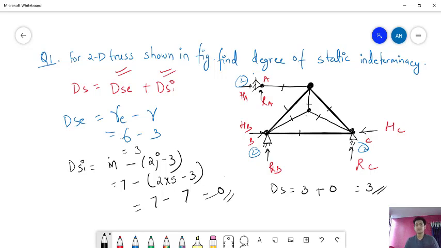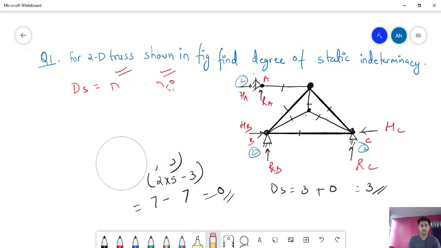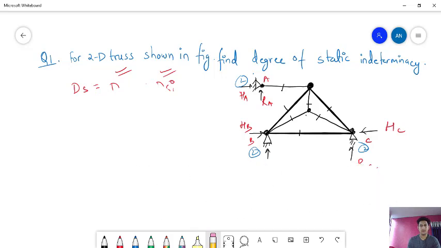And the formula that I have told you directly was, let me rub this, DS equal to, that was the overall indeterminacy, m plus re minus 2j.